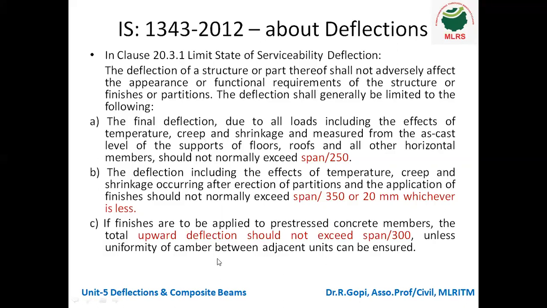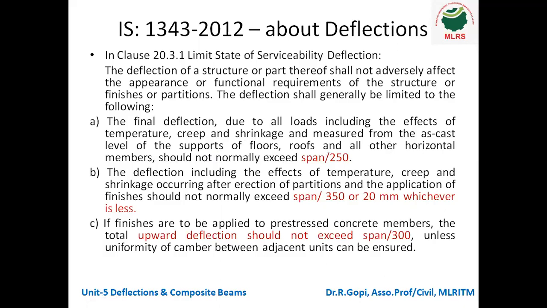The final deflection due to all loads, including the effects of temperature, creep, and shrinkage, and measured from the as-cast level of the supports of floors, roofs, and all other horizontal members, should not normally exceed span by 250.